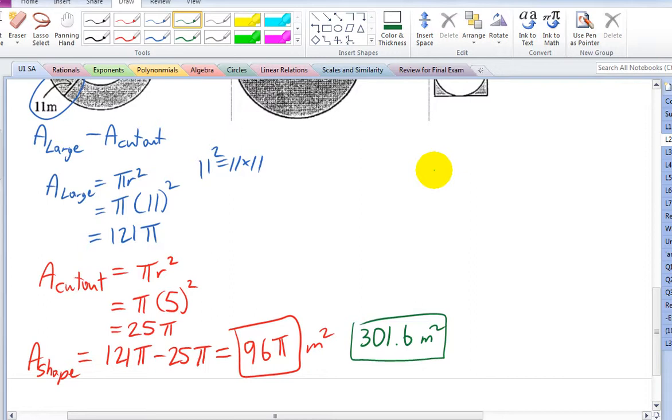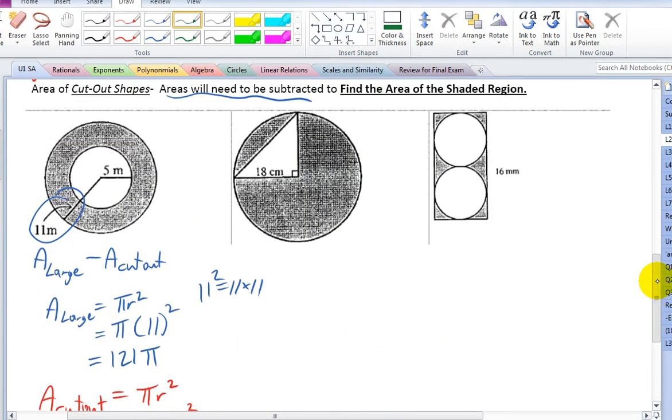Okay. All right. Let's practice the next one. So it's going to be a similar idea, pi r squared, but instead of a circle you're subtracting, what are you subtracting? Triangle. Okay. Do we know what this measurement is up top? Yes, what is it? Why?